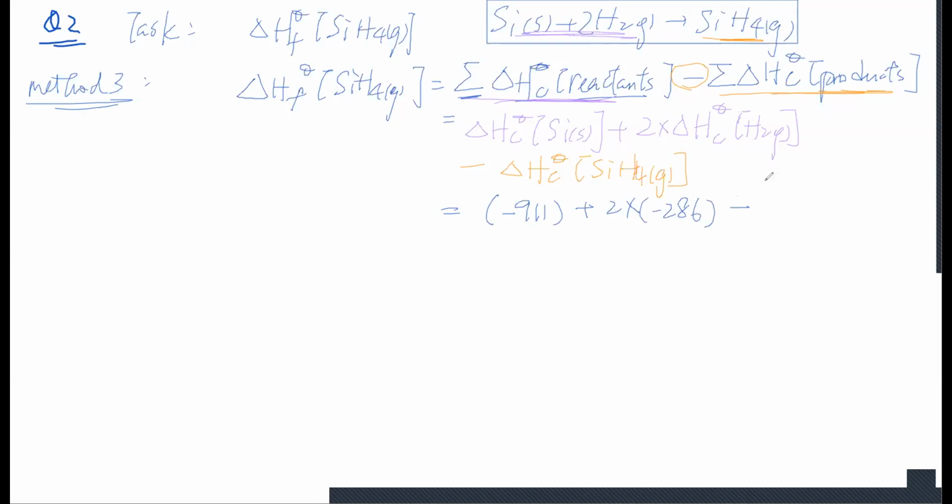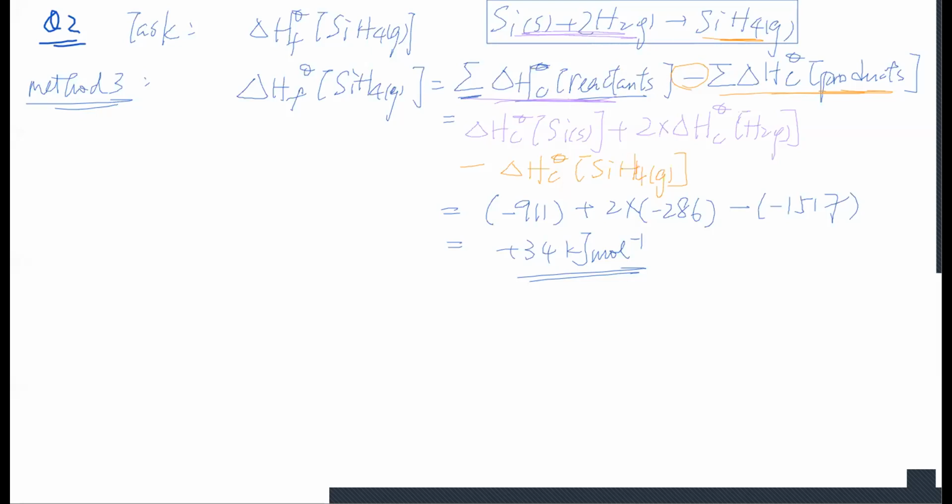The combustion given in the equation is minus 1517. So this is the answer. The answer is plus 34 kilojoule per mole. You forgot to write down the plus sign, right? Plus 34 kilojoule per mole.